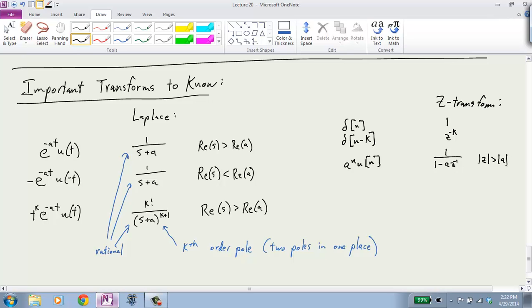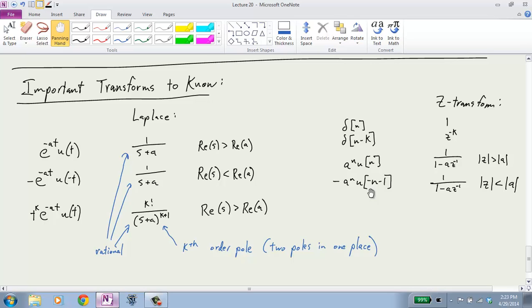Okay. And we have something else, negative a to the n u of minus n minus 1. This goes to the same thing, but with the other region of convergence. It maybe will throw you off a little bit to look at why is the minus n minus 1? And what is the u of negative n minus 1? Obviously it has a negative n in there, so it's an indicator function that is 1 for all n up to a certain point, and then it's 0.